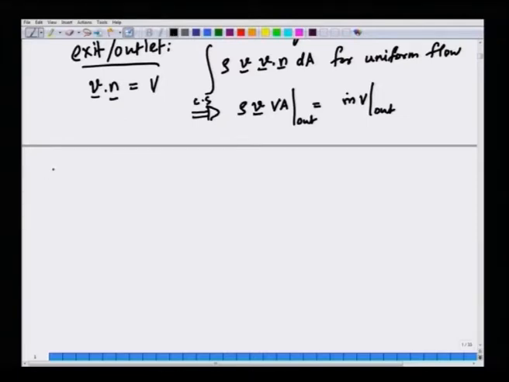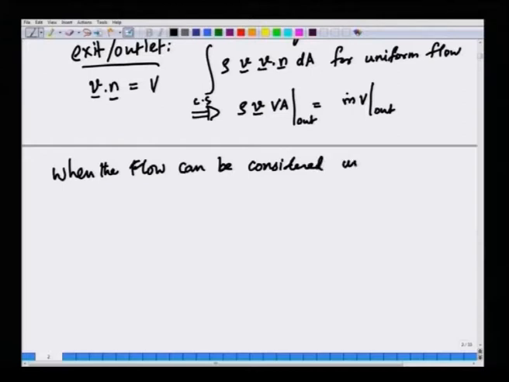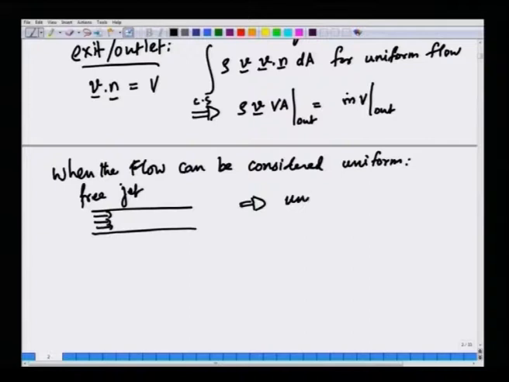Before I do that, let me also say when the flow can be considered uniform. As we saw in the last lecture, whenever you have a free jet, a jet of water that exits into the atmosphere, then uniform flow is a very good approximation.